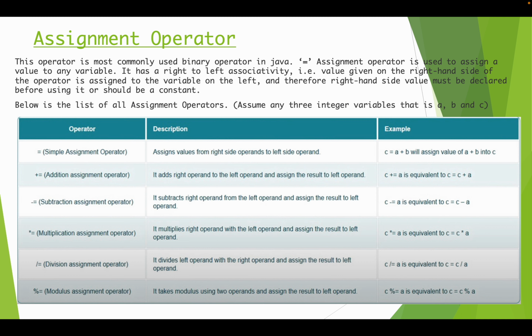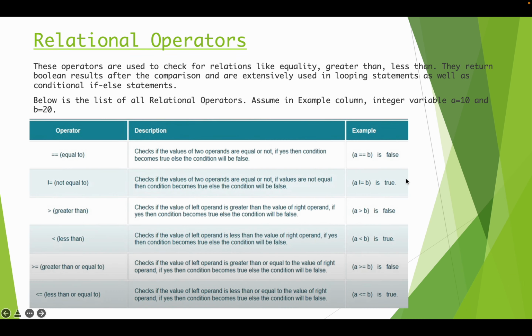So the third one is assignment operator. This is commonly known as a binary operator in Java. The equal to sign is used to assign a value to any variable. There are several operators in assignment, like simple, addition, subtraction, multiplication, division, and modulus. I have given an example over here, so you can go through this.